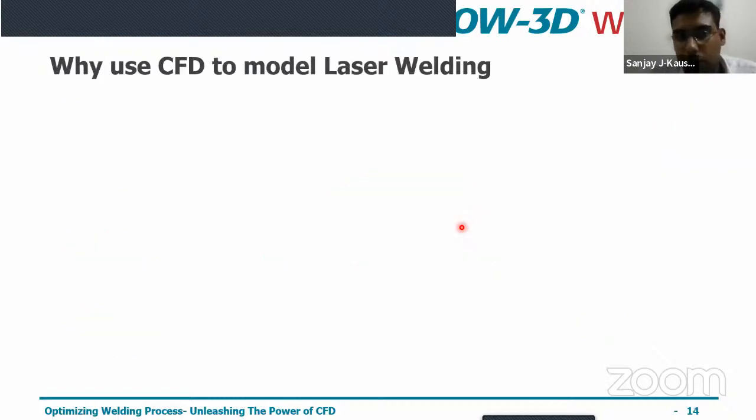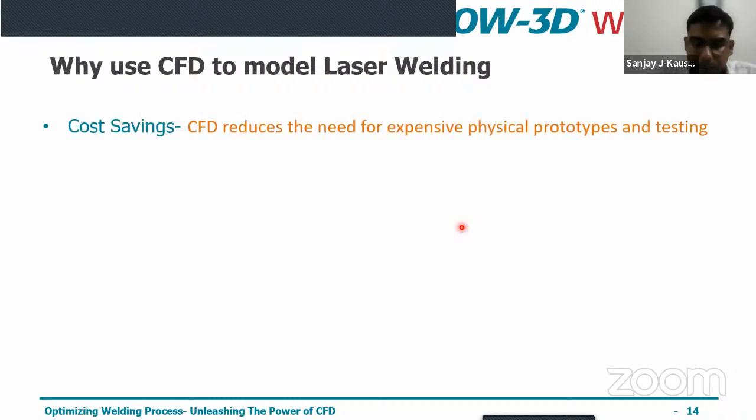Now, why is there a need to use CFD software? Why do we need to model a laser welding process specifically before you take the trials on the shop floor? One is that there are a lot of cost savings. By using a CFD technique or CFD software, the need for expensive prototypes and testing is avoided.